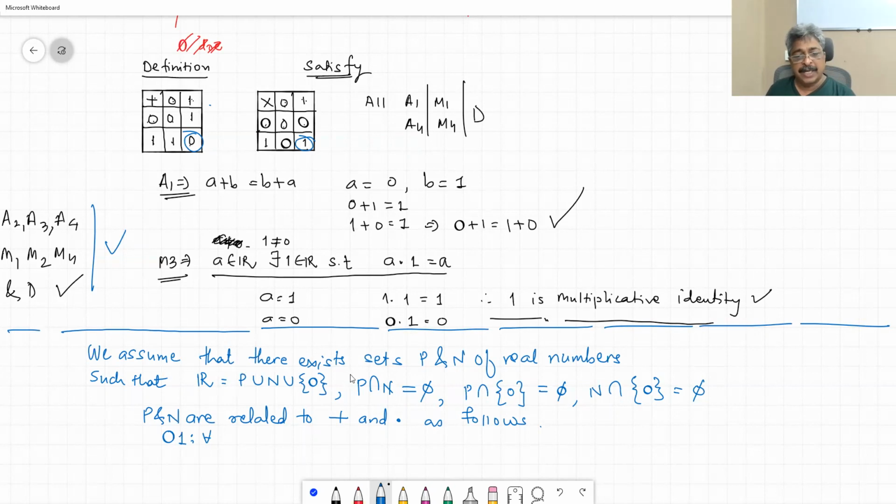We assume that there exist sets P and N of real numbers such that the set of real numbers is P union N union {0}, where they are distinct, I mean disjoint. Nothing is common between these three. Their intersection is empty. P and N are related to both addition and multiplication as follows.